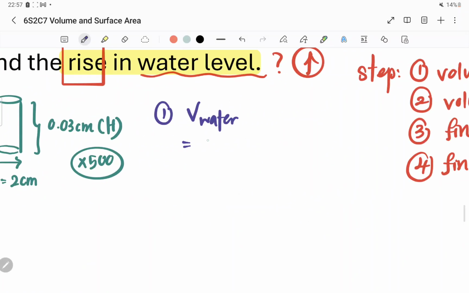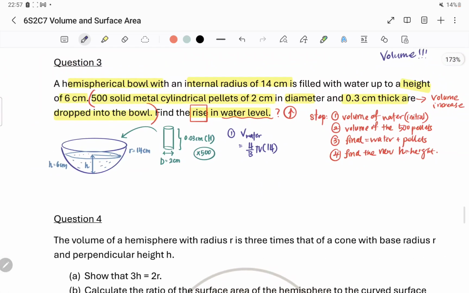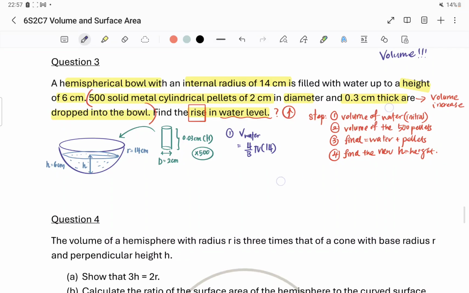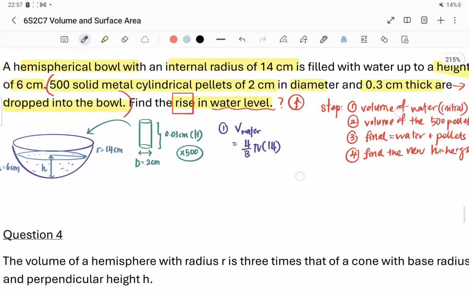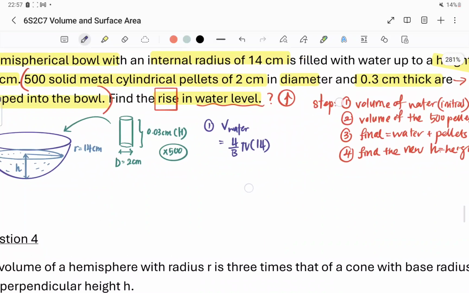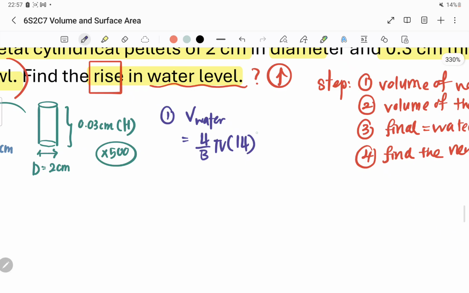So for you to find the volume is 4/3 times pi times r cubed. Try not to convert it into decimal, just put in terms of pi because I want it to be as accurate as possible.